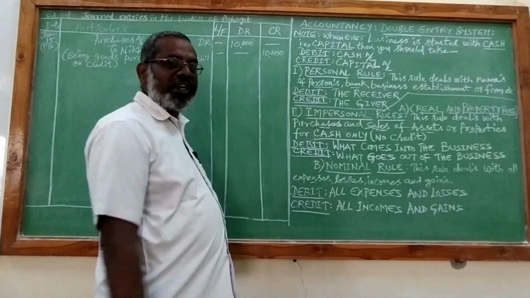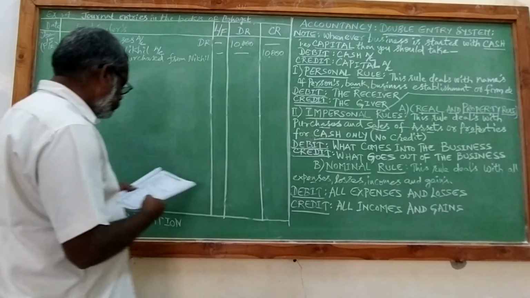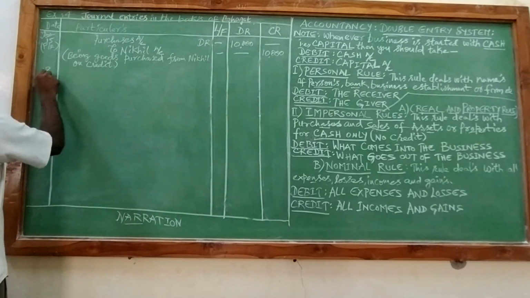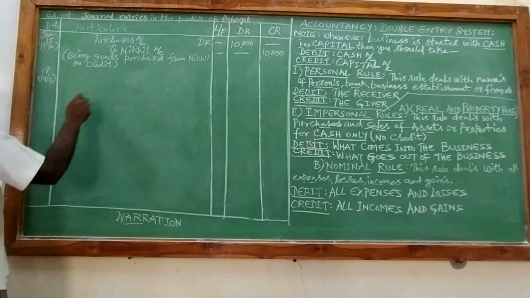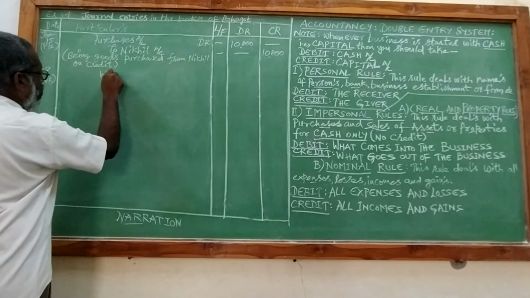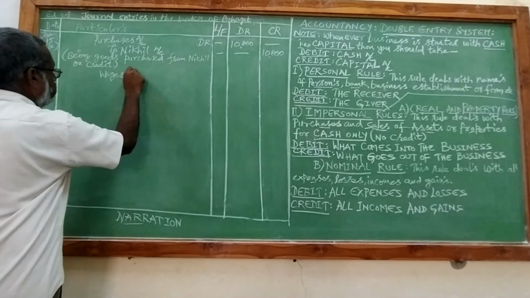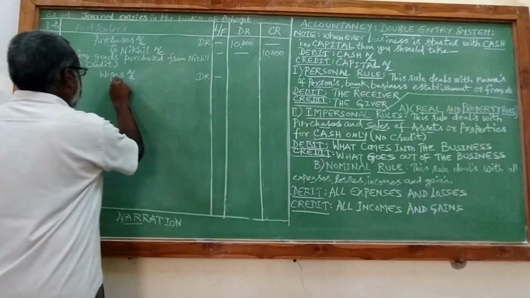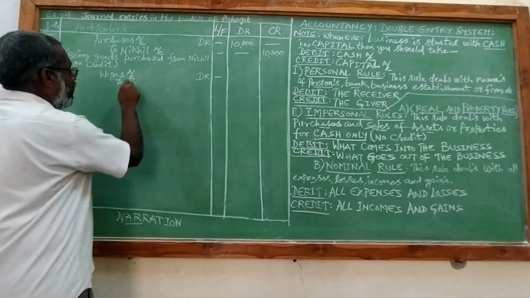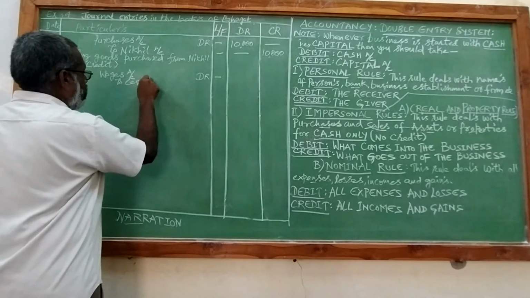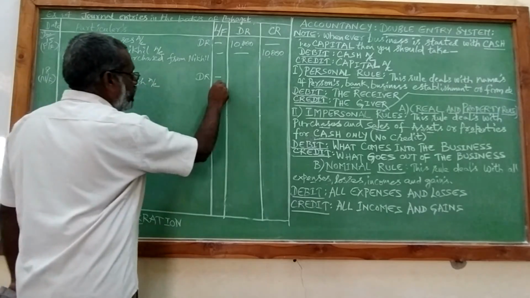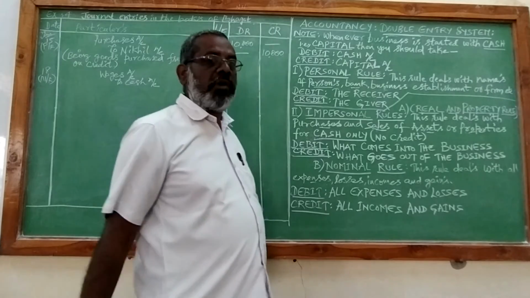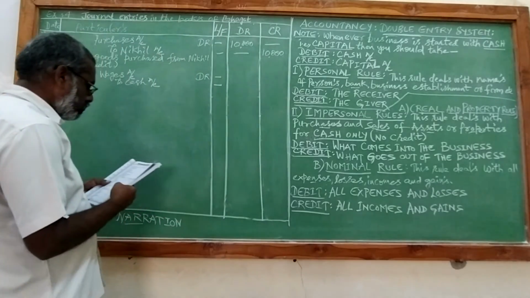Wages paid is an expense to the business, so wages should be debited. And credit we will take cash, because wages will be paid in the form of cash, because the universal medium of exchange is money, that is cash.